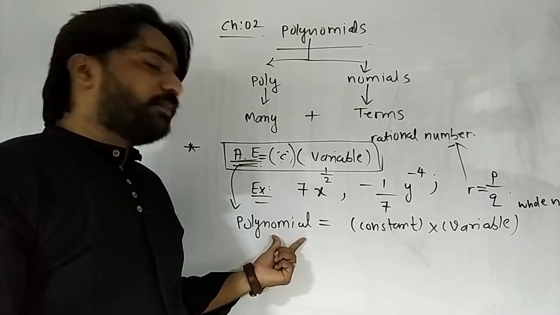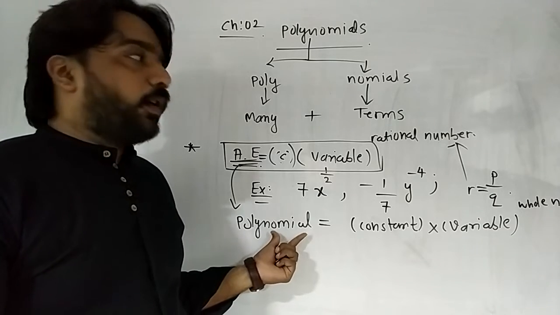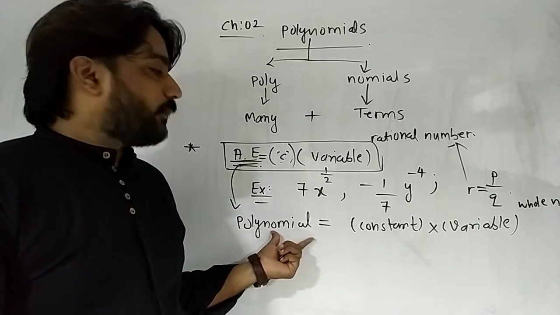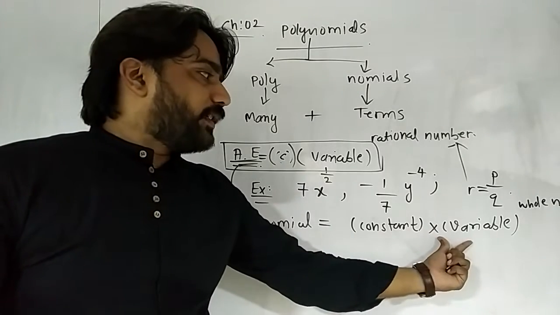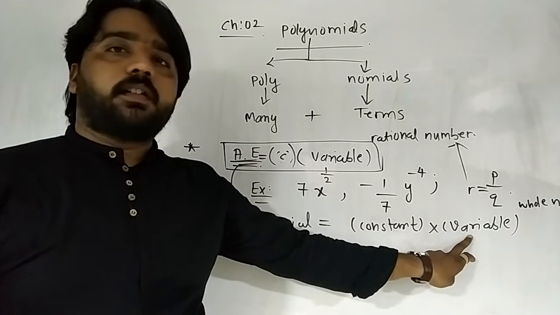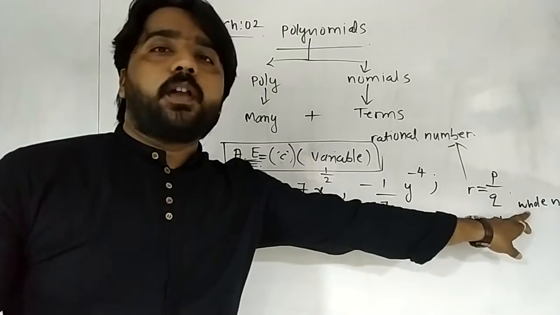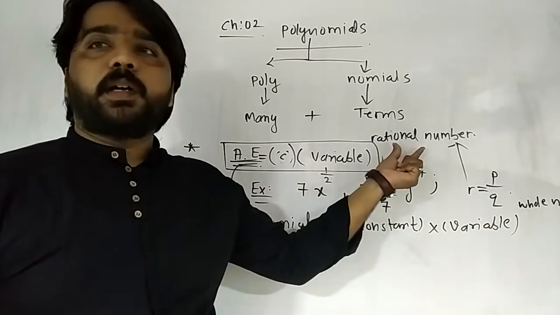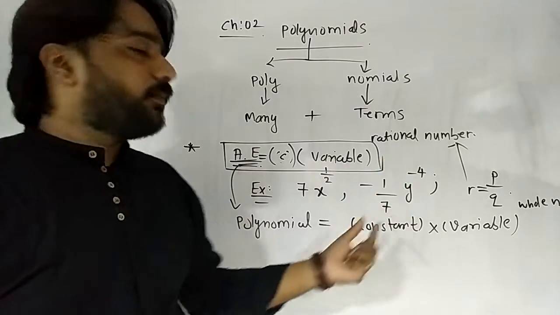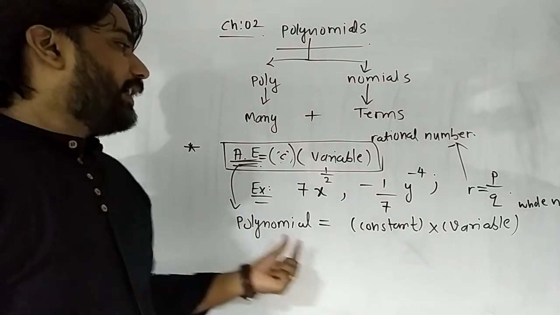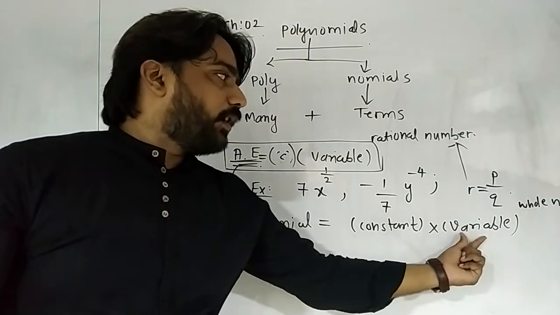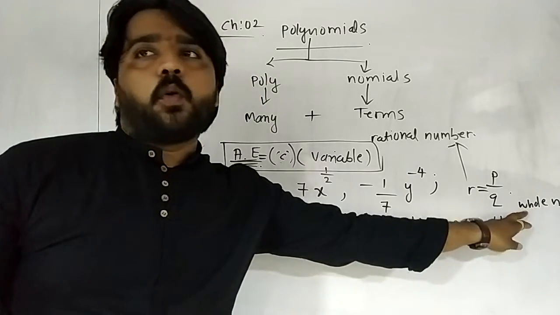Algebraic expression का special case है polynomial. और polynomials में क्या होता है? Constant into variable, but the power or degree of variable must be what? A whole number. यहाँ पे rational number means कोई भी नंबर आ सकता था, but polynomials में the power of variable must be what? Whole number.